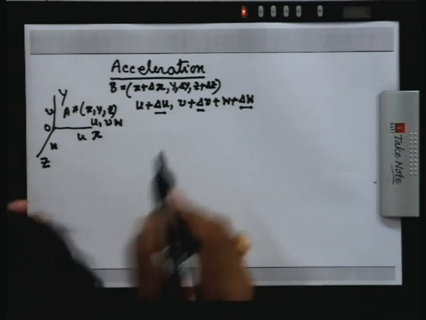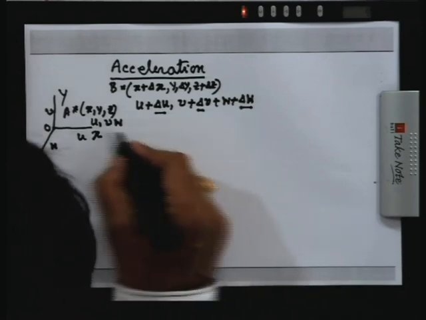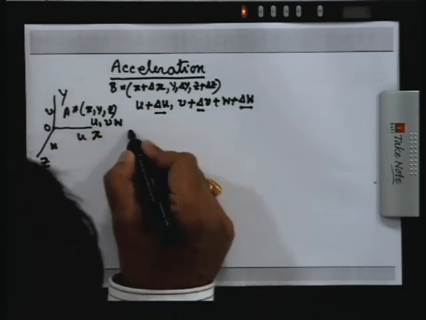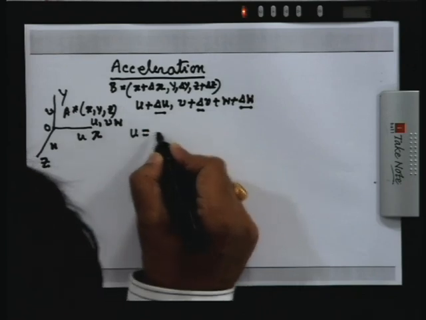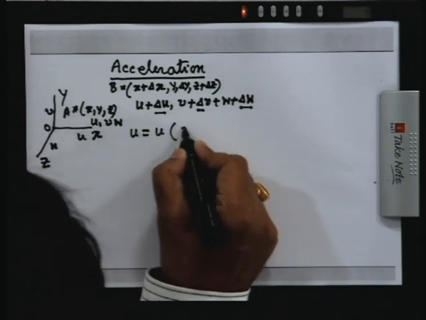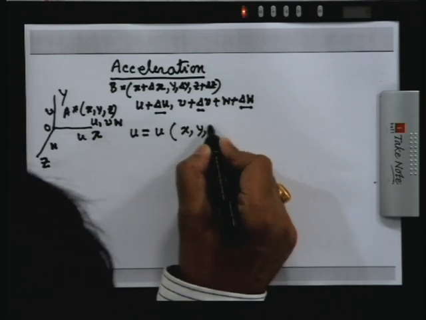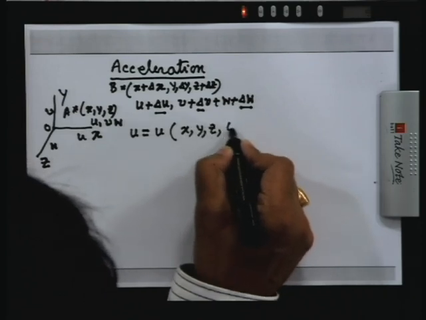Then what can we do? We can write u, v, w as functions of x, y, z, t.